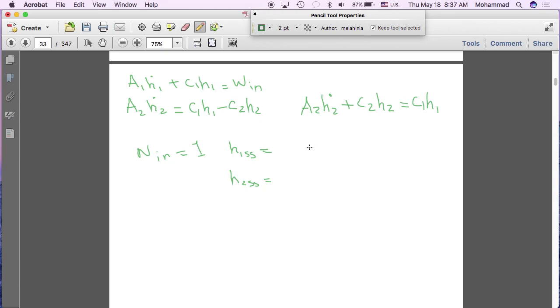So what is the method for calculating h1 steady state? You look at equation 1 or equation 2.